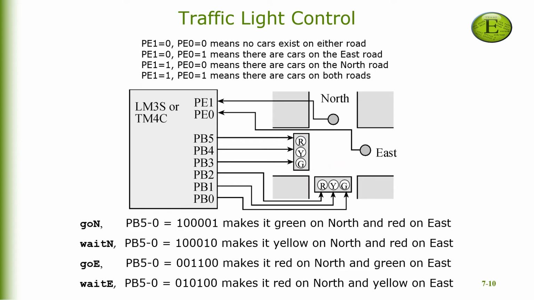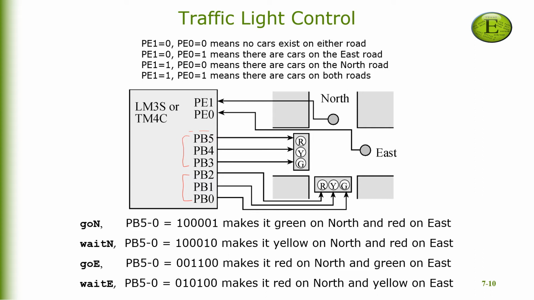So with that configuration, our job is to define the role of each bit, or the set of 3 bits. So essentially we have divided the whole port into a set of 3 bits each. The lower 3 bits control the traffic signal for the traffic on one of the roads, and the upper 3 bits control the traffic light for the cars on the other road.